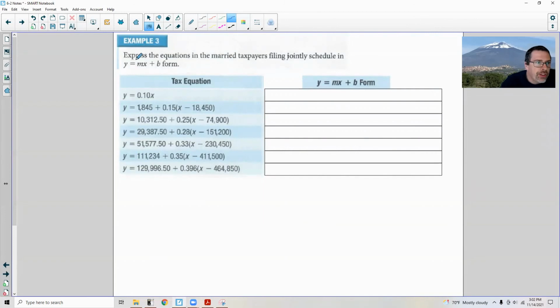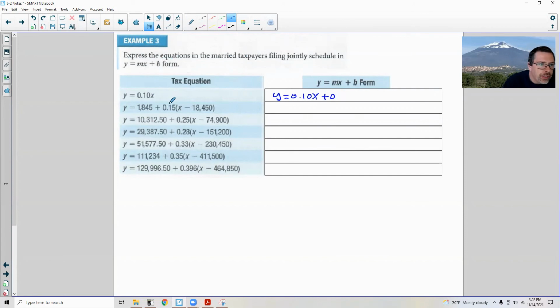All right, example 3 just asks us to express the equations in the married taxpayers filing jointly schedule in y equals mx plus b form, a linear form. Okay, so this one's already done. So this would be y equals 0.10x. And if you wanted to be technical, it's plus 0, b is 0.